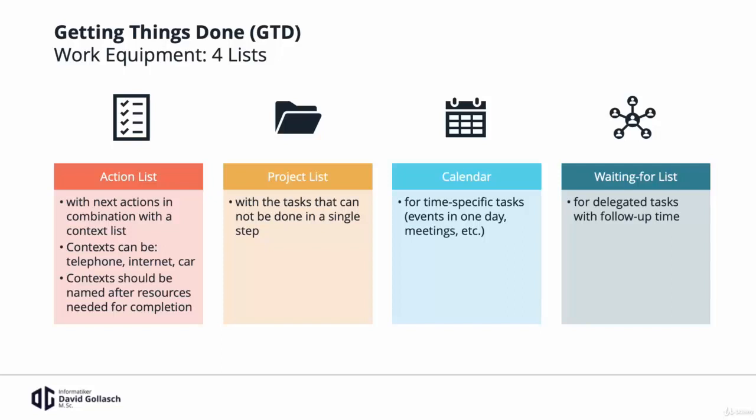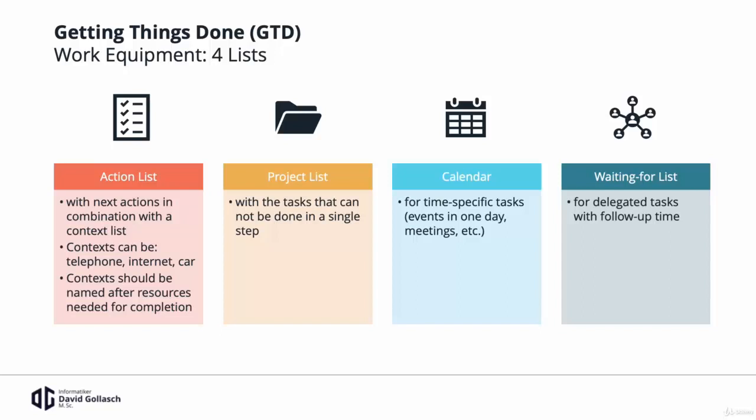Each action on this list, so each task that's on this action list, might contain a context label. So a specific task can be done, for example, via a telephone call. So if you plan to make a call, then the context label telephone would be appropriate.